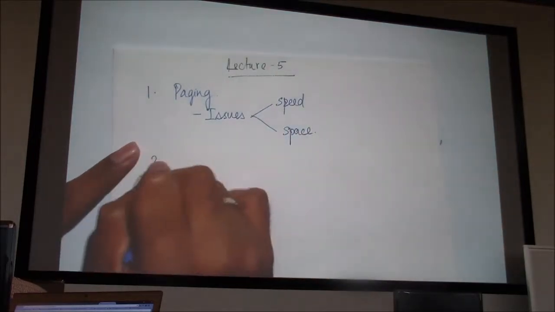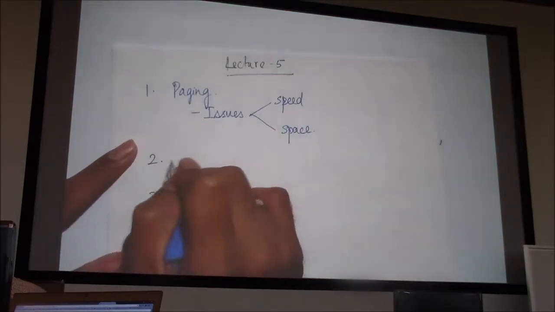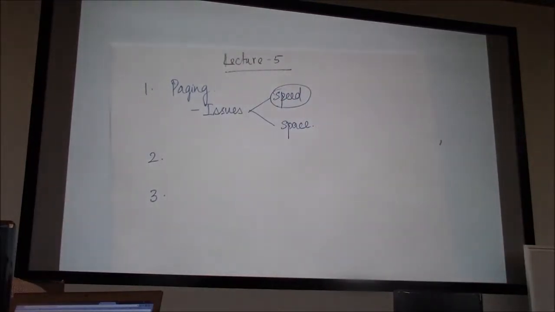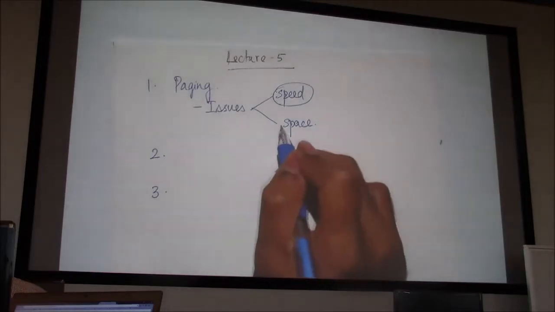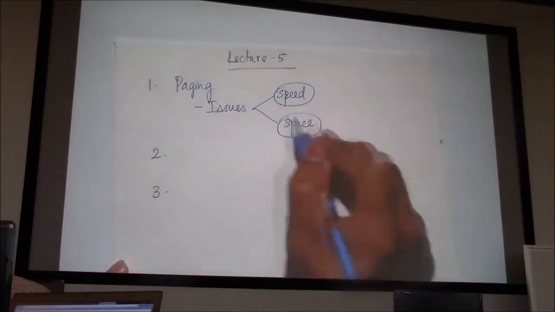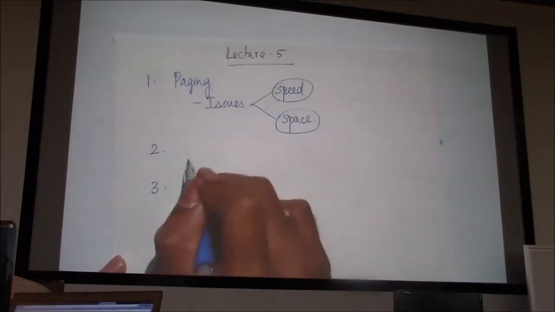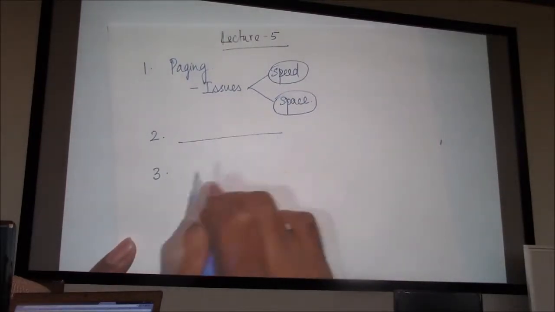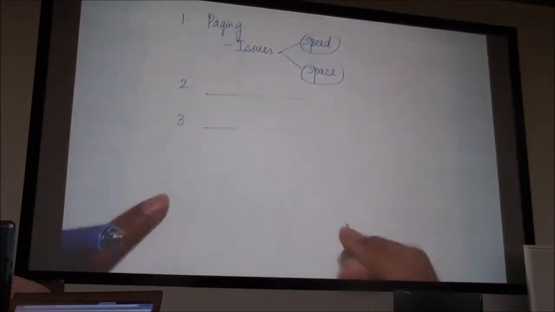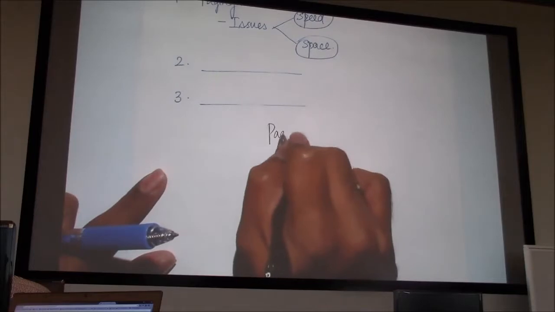In the two solutions that we are going to see, we are going to see how to tackle the speed, how can we make paging faster, and second, how can we tackle the problem of space. By that we mean how can we make page tables smaller. We can write it down later, but these are three things for today's class. So let's start with the review of paging.